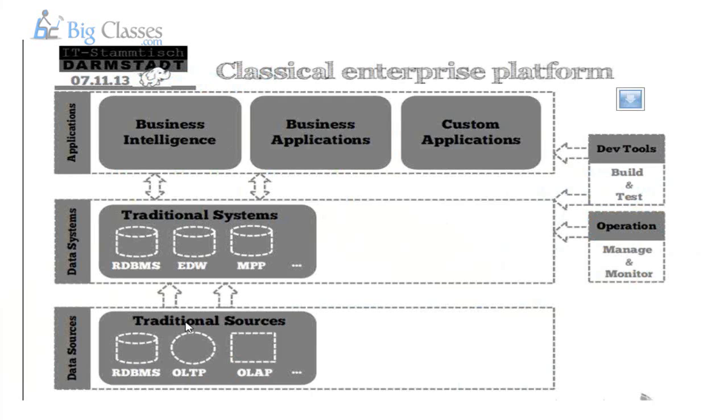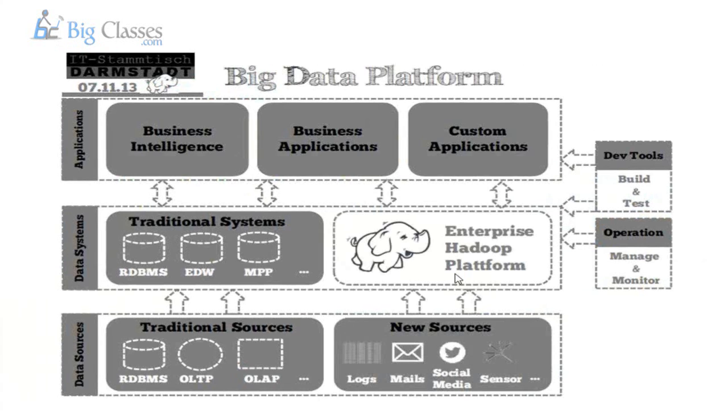So when you introduce big data in the form of your Hadoop ecosystem, I'll introduce this enterprise data Hadoop platform here. Traditional systems will continue using your existing applications, but you're going to have these new sources.